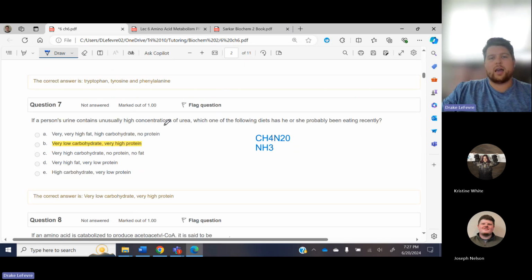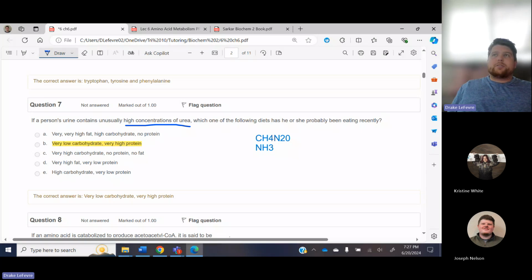You can also get high concentrations of urea from something called rhabdo. Have you guys heard about that before? Rhabdomyolysis? I have 2 friends who've had it. Yep. It's essentially when you work out way too much and break down a bunch of your muscle fibers, because when you move and do stuff, you're making micro tears in your muscle fibers.